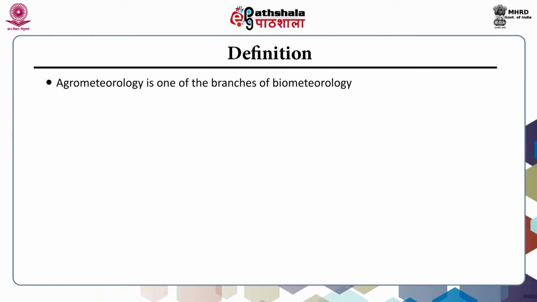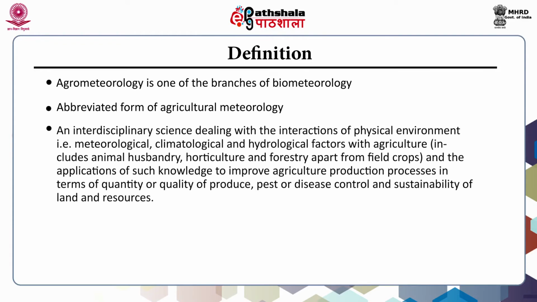Agrometeorology is one of the branches of biometeorology and it is the abbreviated form of agricultural meteorology. It is an interdisciplinary science dealing with the interactions of the physical environment, that is meteorological, climatological and hydrological factors, with agriculture, including animal husbandry, horticulture and forestry, apart from our field crops, and the application of such knowledge to improve agricultural production processes in terms of quantity or quality of produce, pest or disease control and sustainability of land and resources.